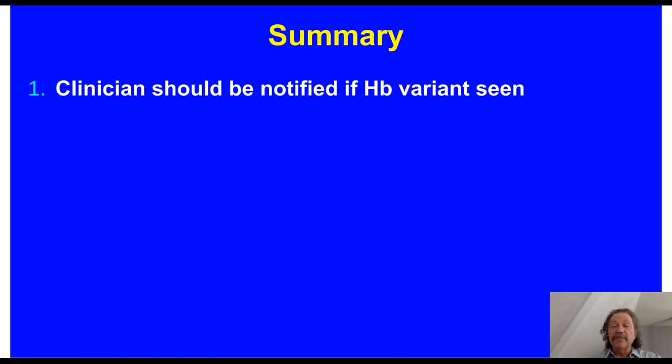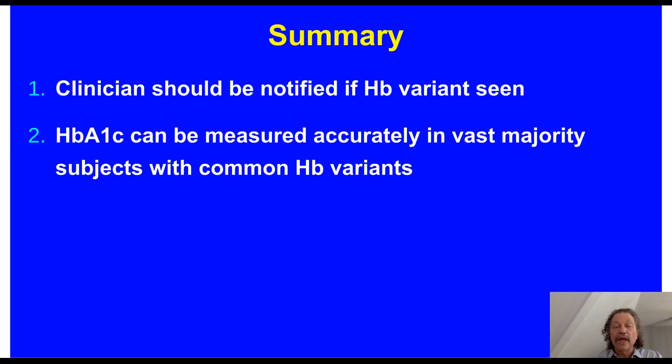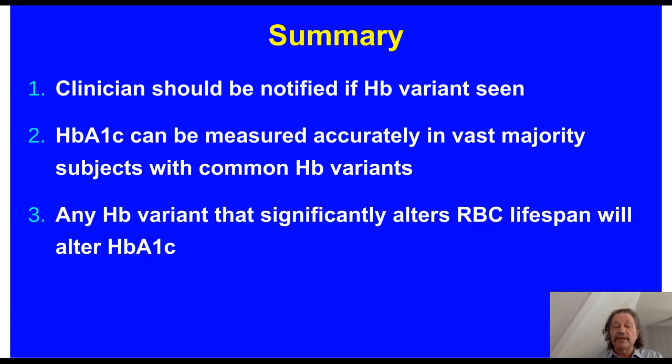All right, it's time to summarize. I think it's important that the clinician should be notified if a hemoglobin variant is seen, because often with heterozygous variants, neither the patient nor the doctor knows. Hemoglobin A1c can be measured accurately in the vast majority of subjects with common hemoglobin variants.